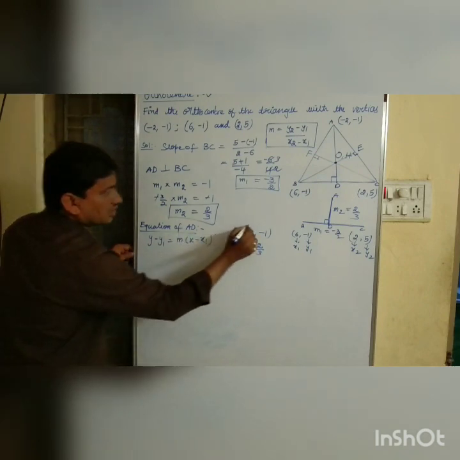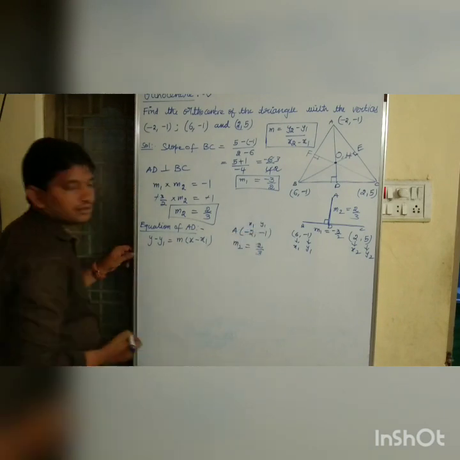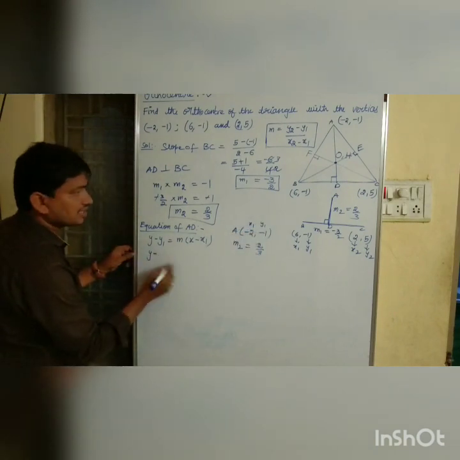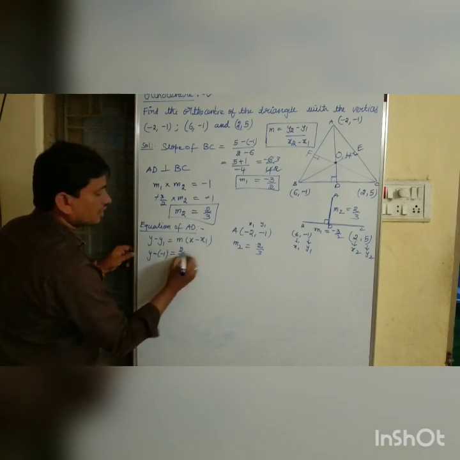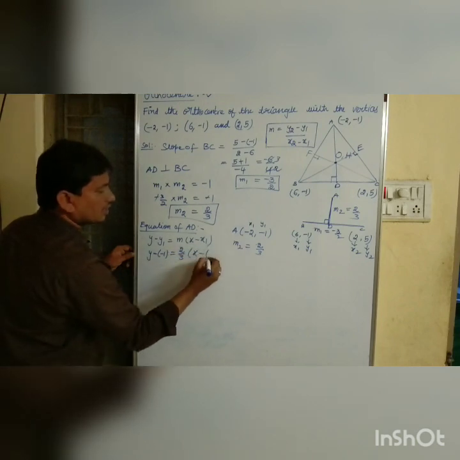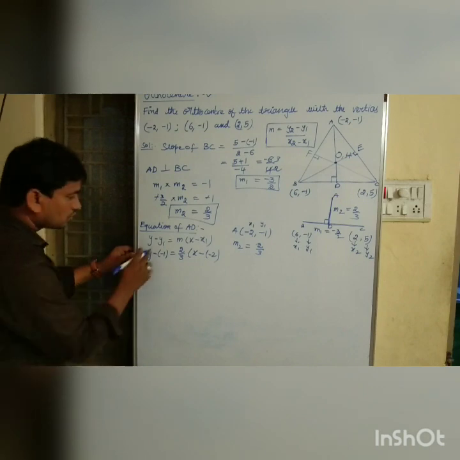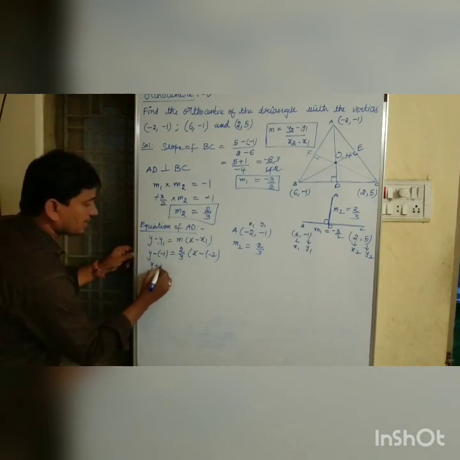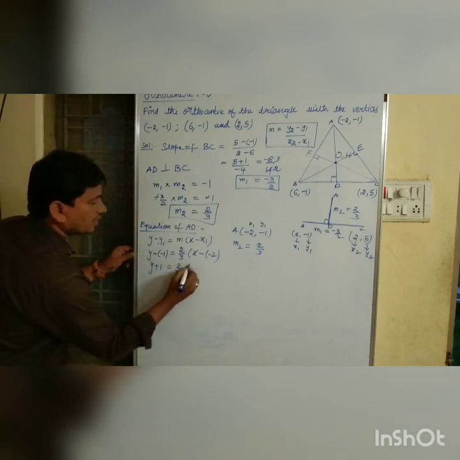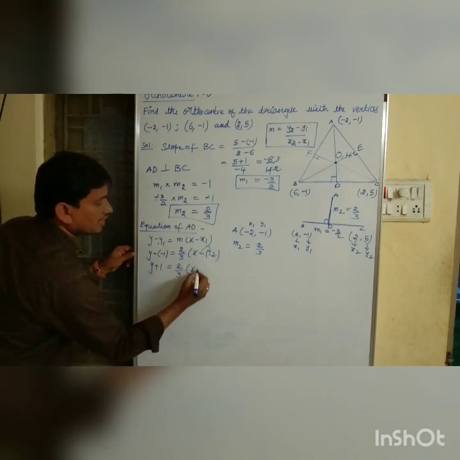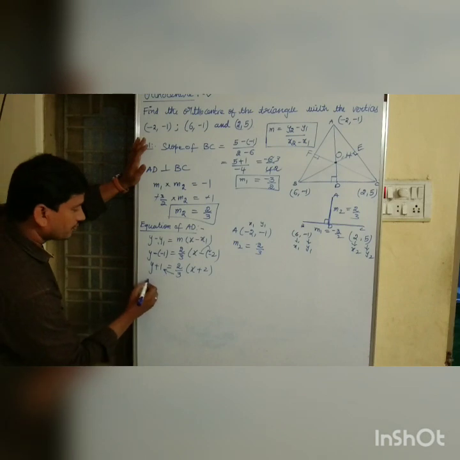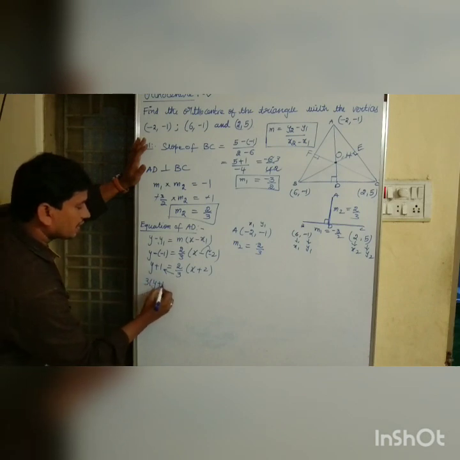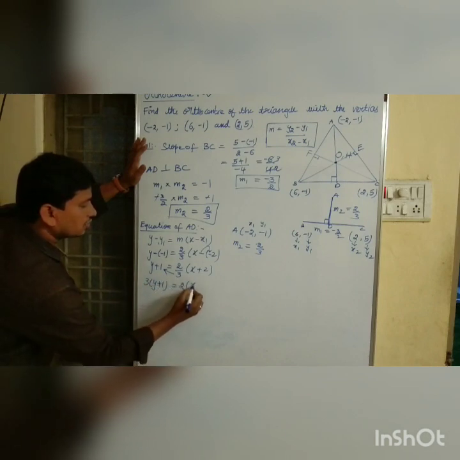So this is our x1, children, and this is our y1. y minus y1, that is y minus (-1), equals m, that is 2 by 3, into x minus x1. So minus into minus is plus, I mean y plus 1 is equal to 2 by 3 into x plus 2. So cross multiplication, 3 into (y plus 1) equals 2 into (x plus 2).